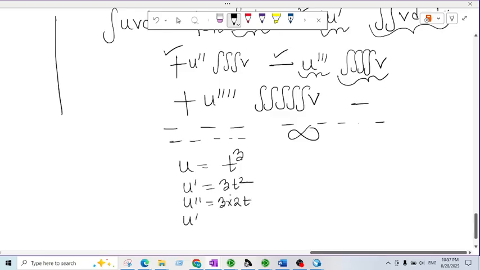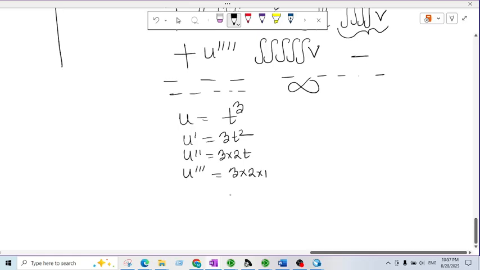If you again differentiate it, now you have no t here, just a constant. And if you again differentiate it, you will get 0, because the differentiation of a constant is 0, and again 0, and again 0.